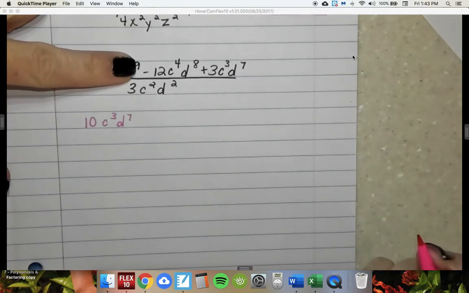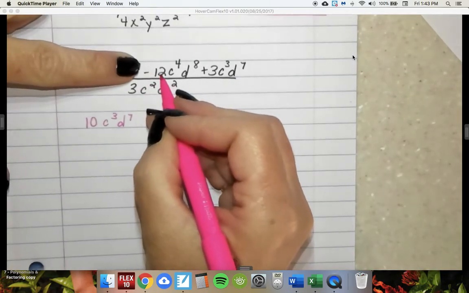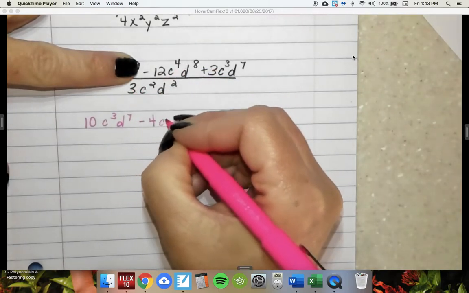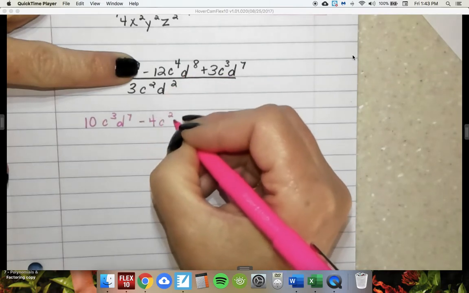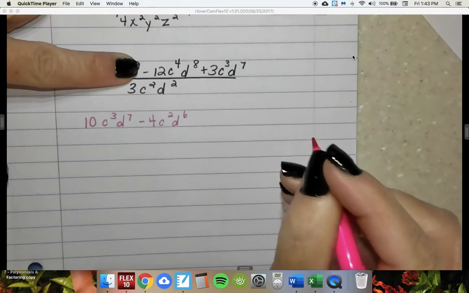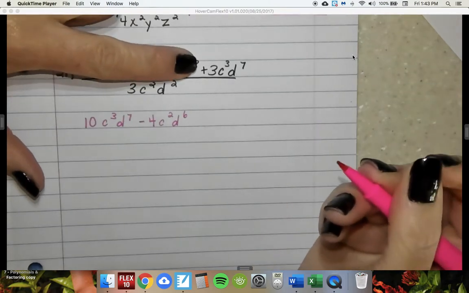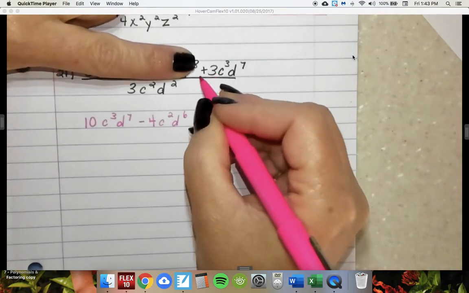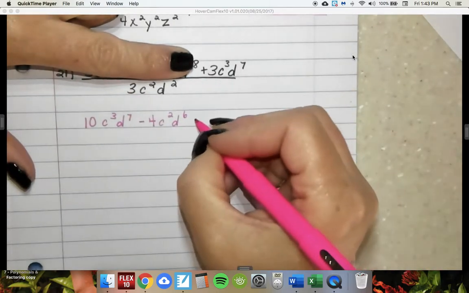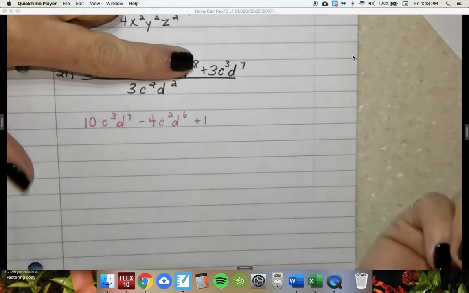Cover it up. A negative 12 divided by 3 is a negative 4. C4, C2 is C2. D8, D2 is D6. Right? I'm obviously doing that simple subtraction in my head pretty quick. Last chunk. A positive 3 divided by a positive 3 is a 1. So you don't really have to show it, but if you want to show it as a positive 1, you can.